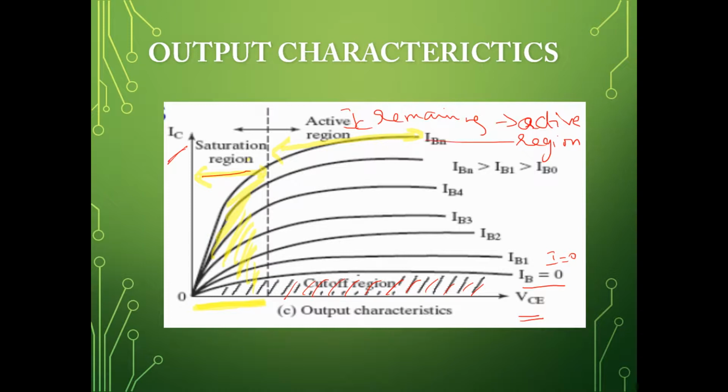In most power converters, we operate the transistor as a switch. That means either it is operated in the cutoff region or in the saturation region. It is not operated in the active region. In the active region, the transistor operates as an amplifier.